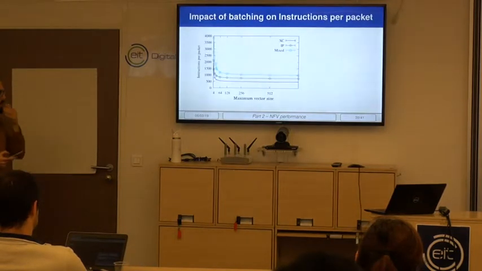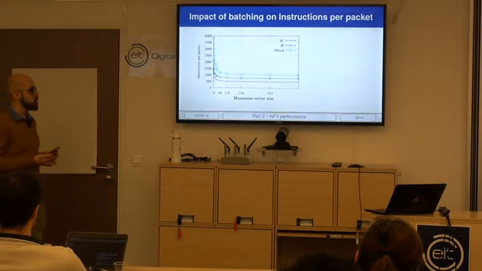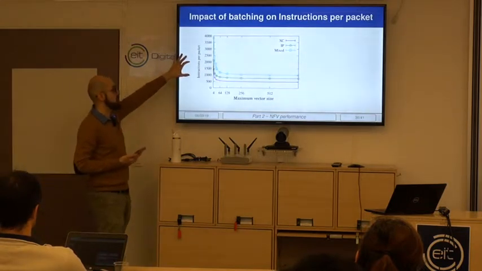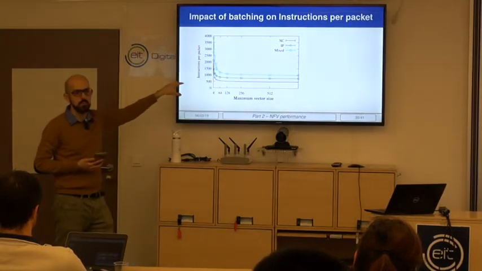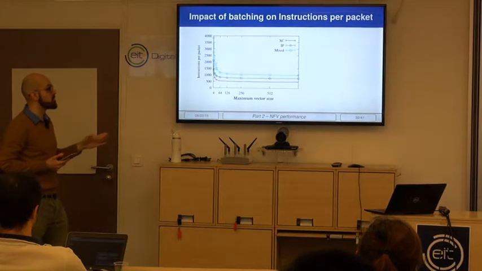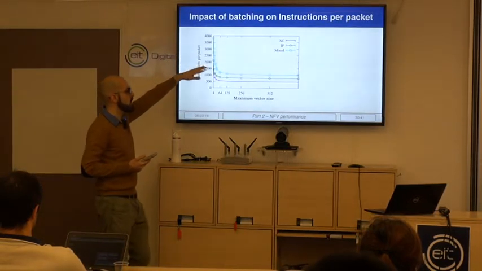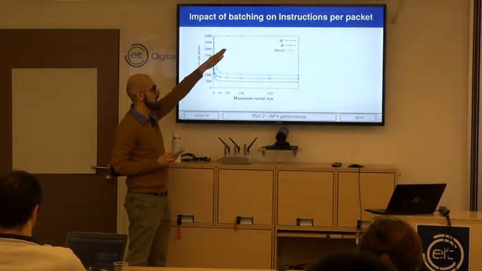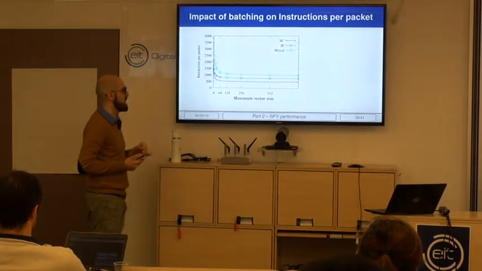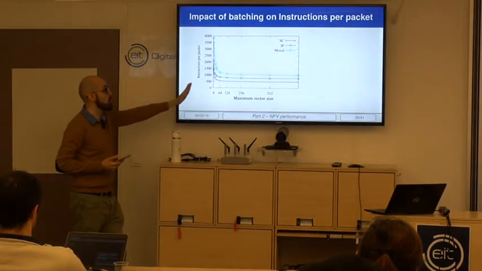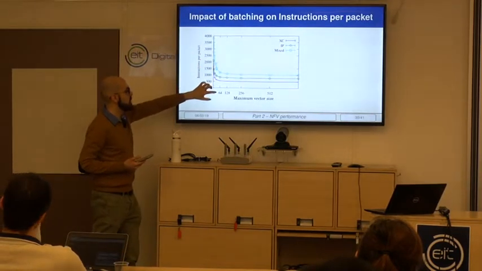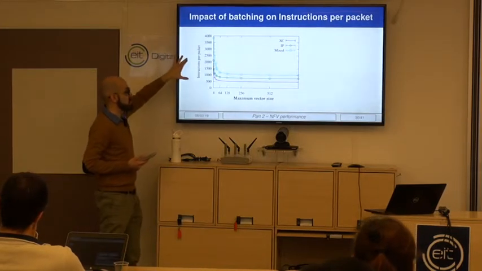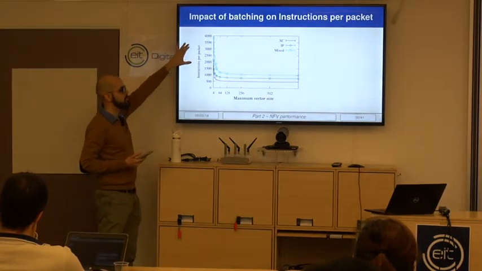And why is this important? Because in this plot I show you the number of instructions per packet as a function of the maximum batch size, the maximum vector size. And we observe that for three kinds of processing, for the simple L2 forwarding, for the IP forwarding, and for a mixed scenario, having small batches implies a huge penalty, because when batches are small, the number of instructions per packet is much higher.